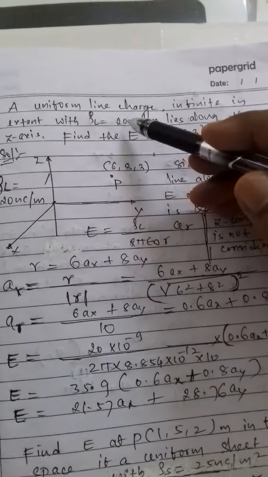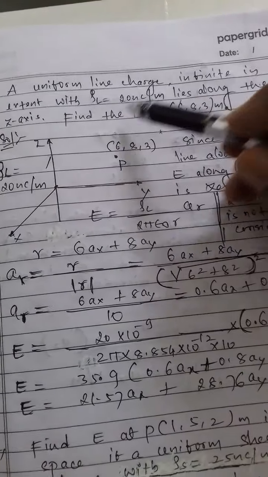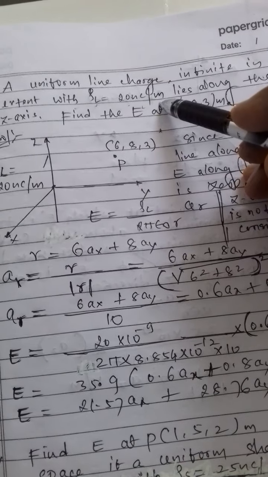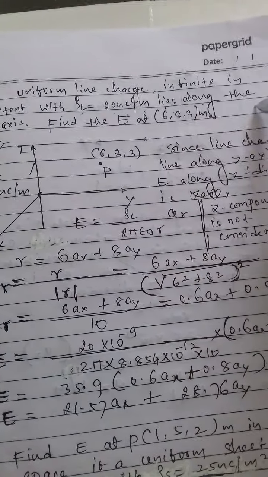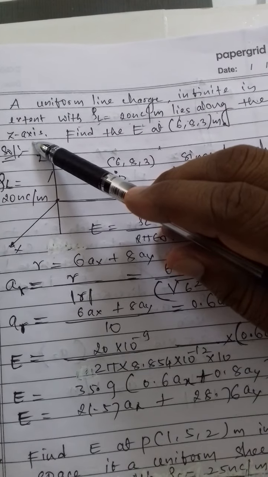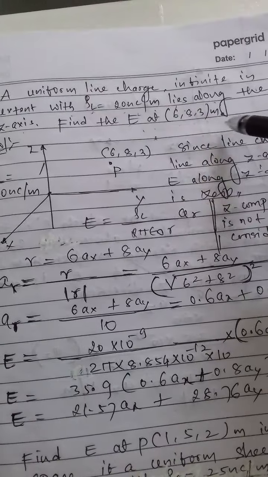Now, a uniform line charge, infinite in extent, with line charge density equal to 20 nanocoulomb per meter lies along the z-axis. Find the electric field intensity at (6, 8, 3) meters.